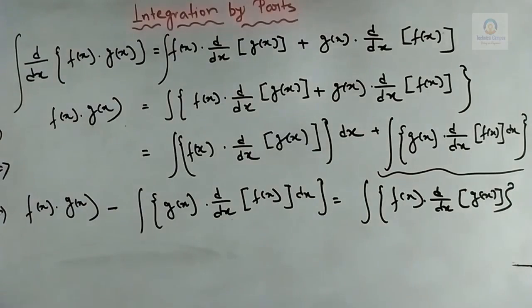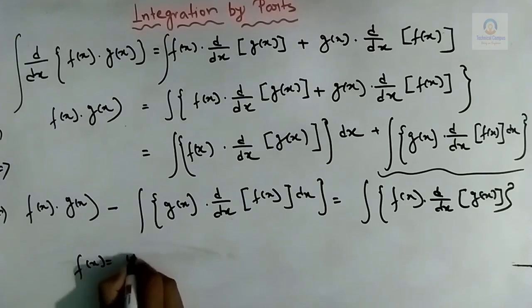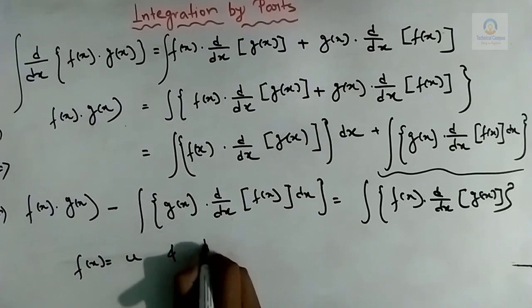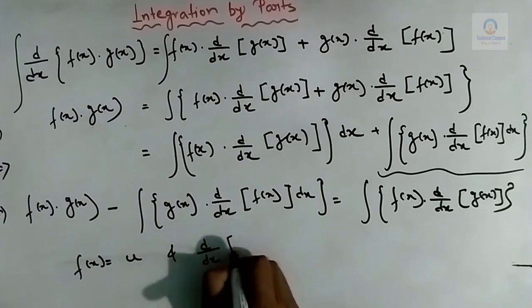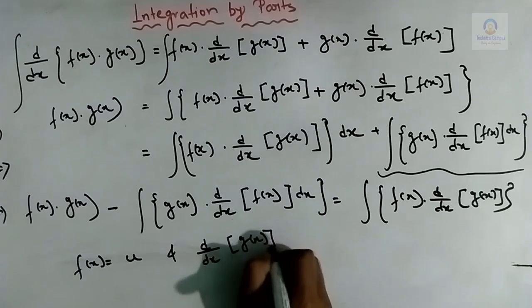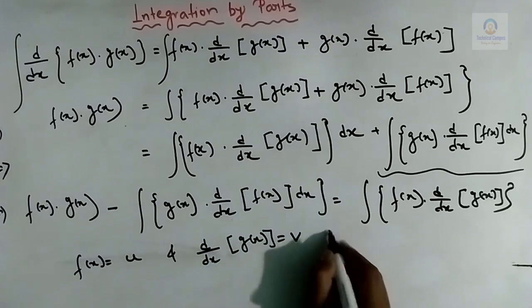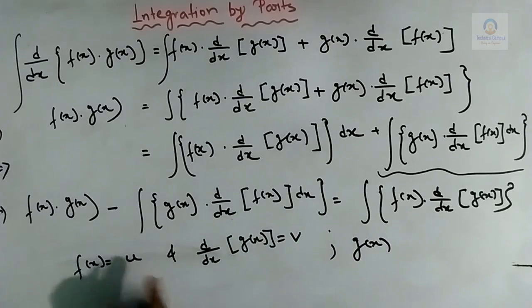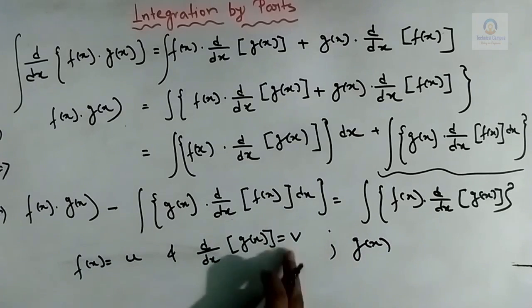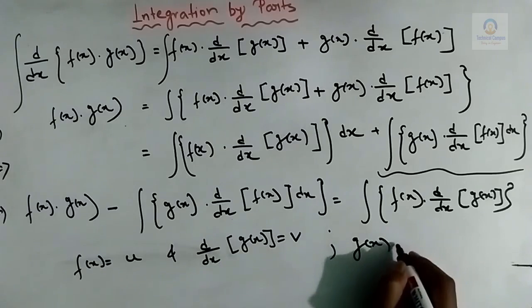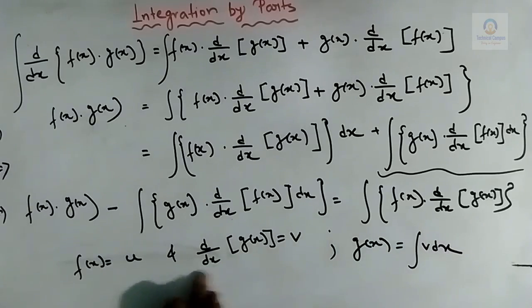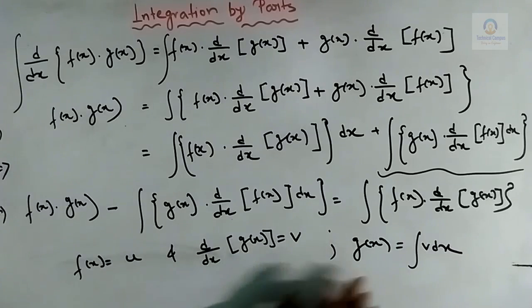Now suppose that f(x) is equal to u, and d/dx of g(x) is equal to v. From this assumption we can write g(x) is equal to the integration of v dx, because if we take the term dx to this side, g(x) is equal to the integral of v dx.